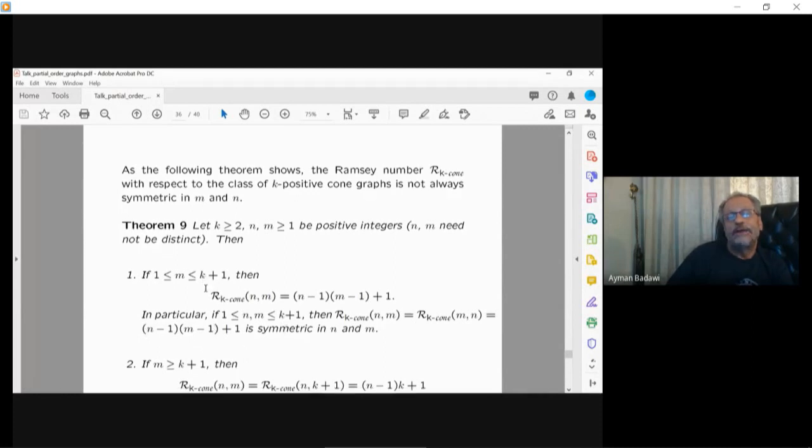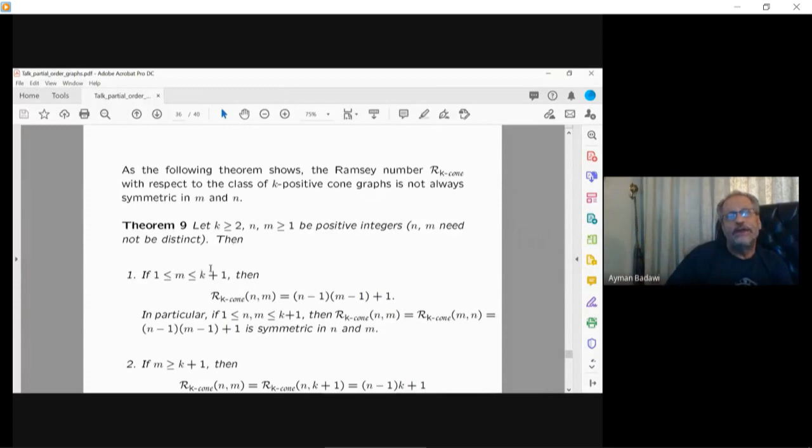Remember what k is. If we take k to be 10 and we define this graph on Z, then two vertices in Z will be connected by an edge if A minus B is a multiple of k, which is 10, but the positive one.